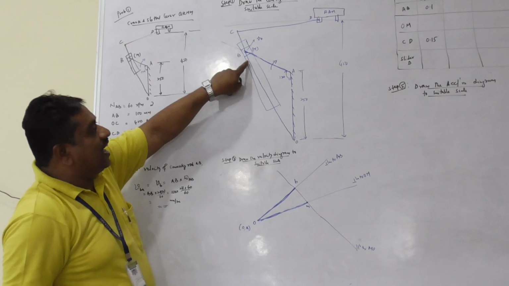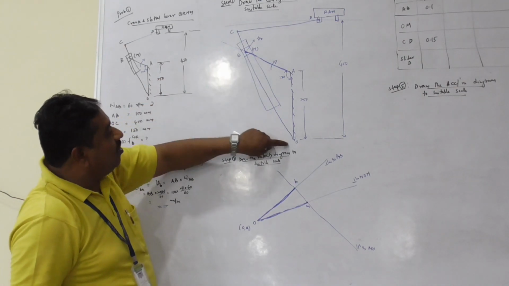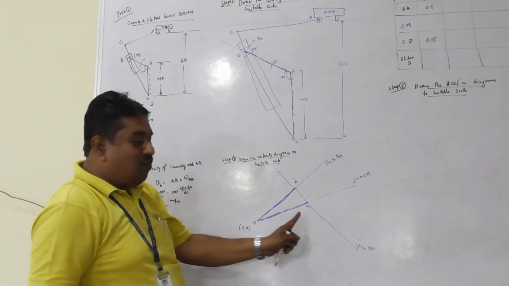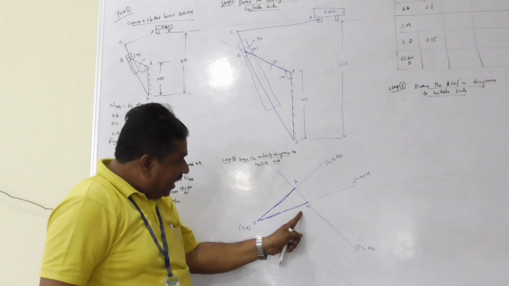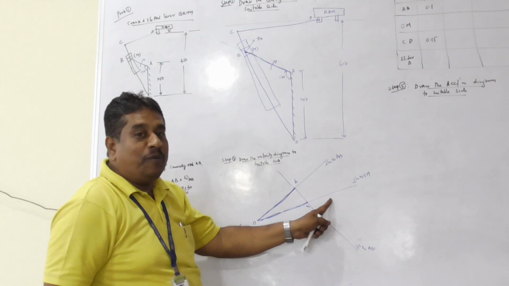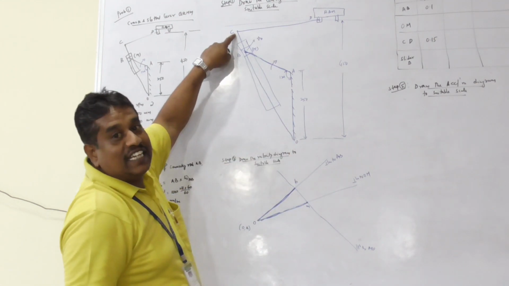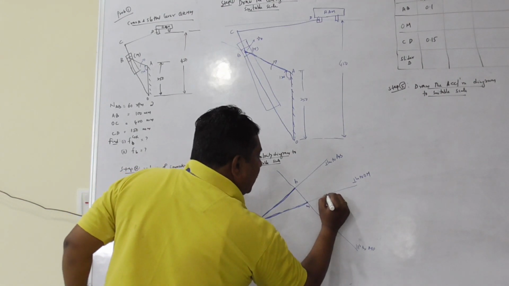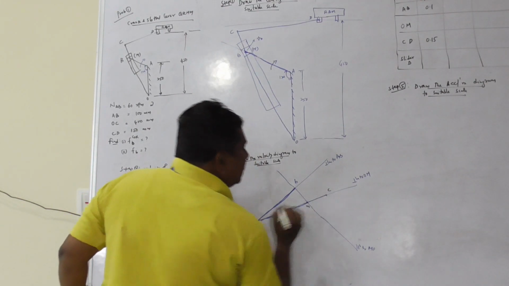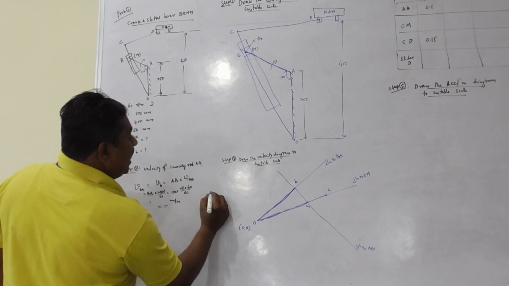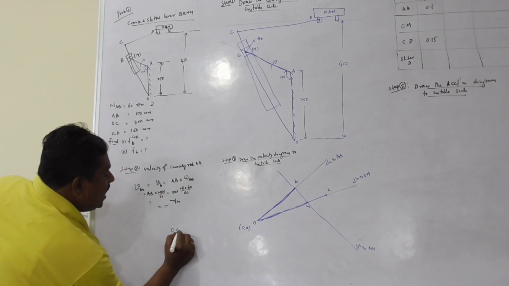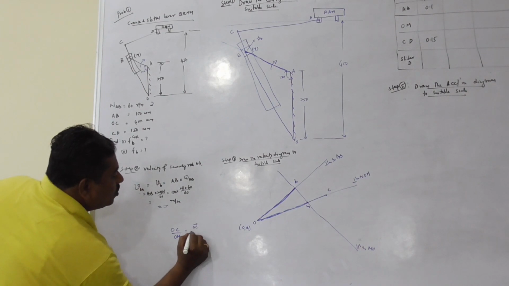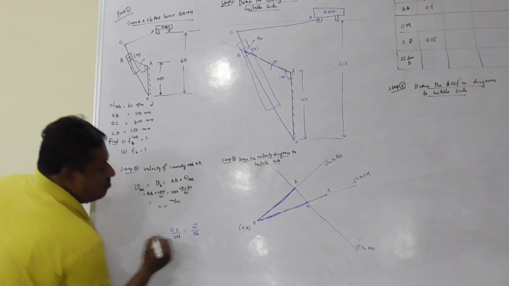In the configuration diagram, C is the extension of slotted lever OM. Therefore, on the vector OM of the velocity diagram, extend this in the same proportion as the point C extends on OM extended. Therefore, I am going to get point C. This can be achieved using the relation OC by OM is equal to vector OC by vector OM.